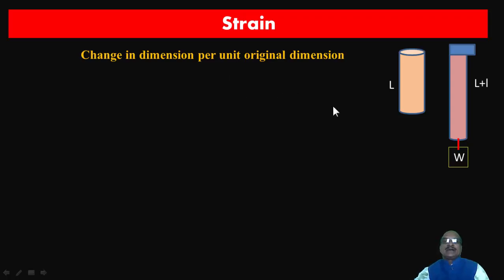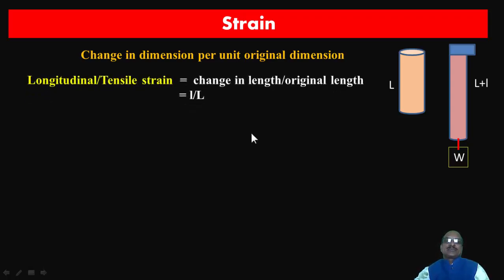Accordingly, there are three types of strain. The first one is longitudinal or tensile strain. Here we find that by applying the force, we can bring about a change in its length.